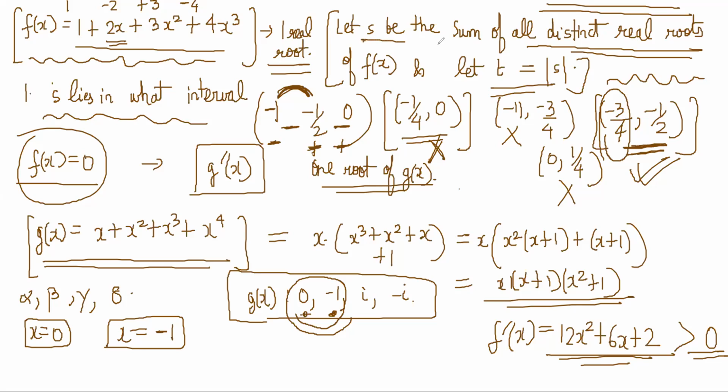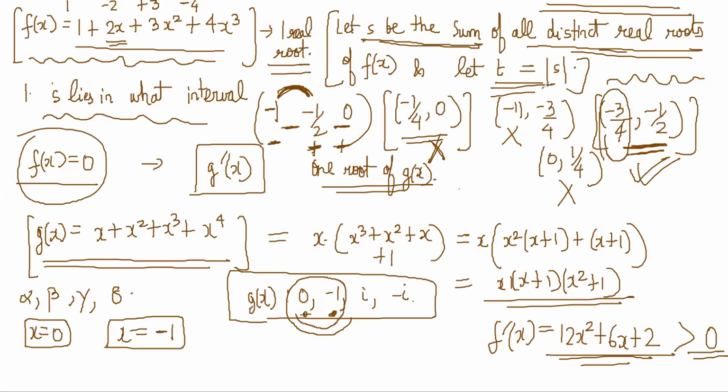S is defined as the sum of all distinct real roots. We know that the root is in between 0 and -1. We don't know the root, but it is still going to be one fixed value. What we know is an interval where it is lying. We haven't found out what s is, so we don't know what t is either, but it would still be one number, which is t equal to mod of s.